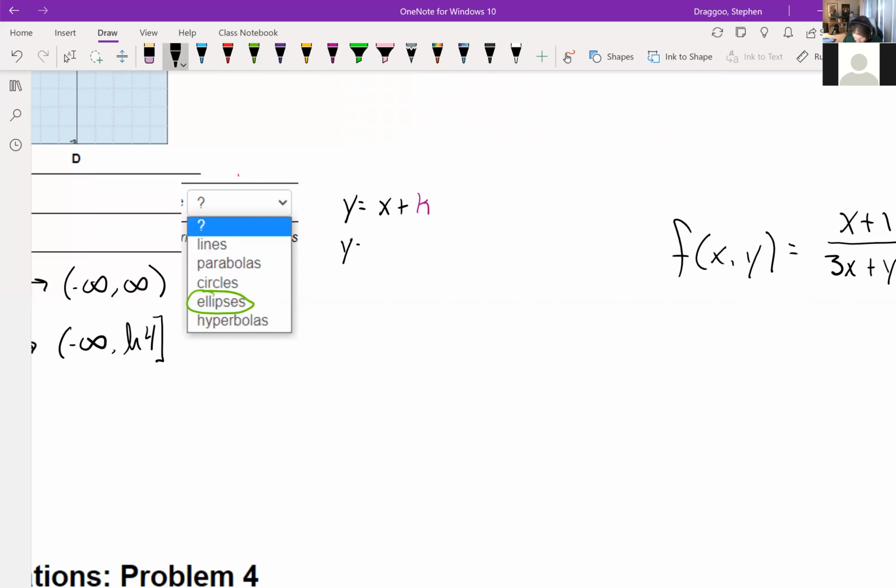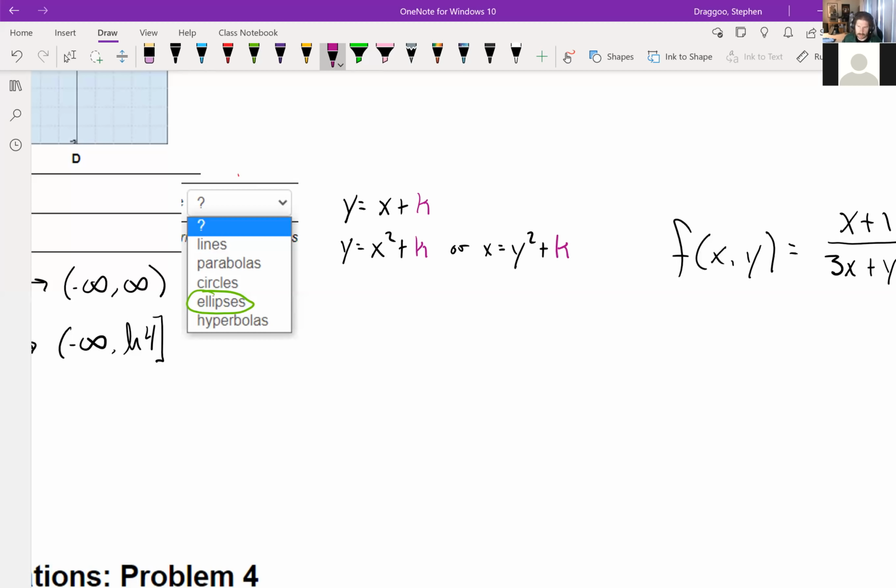Parabolas, we'll get y equals x squared plus k, or we could also have x equals y squared plus k. We won't be distinguishing between up and down or left and right parabolas. Either one would fit the parabola form.